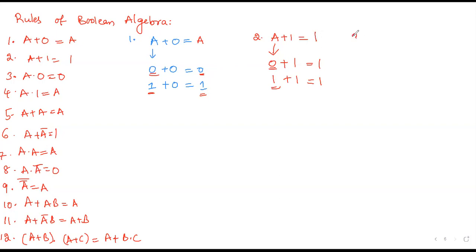Next, third one. A into 0 is equal to 0. A value is 0 or 1. 0 into 0 is 0 only. 1 into 0 is 0. So whether A is 0 or 1, you are getting 0. Like that, you can prove the fourth one, fifth one, sixth one, seventh, eighth, and ninth.